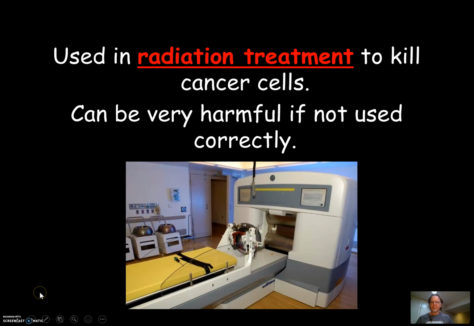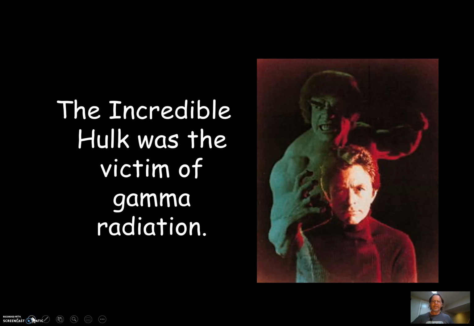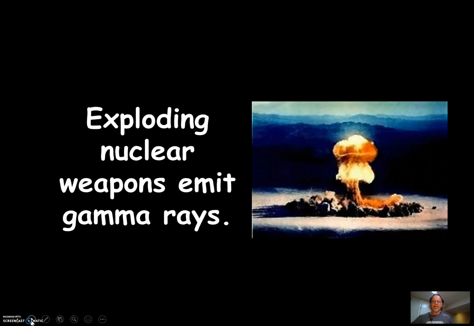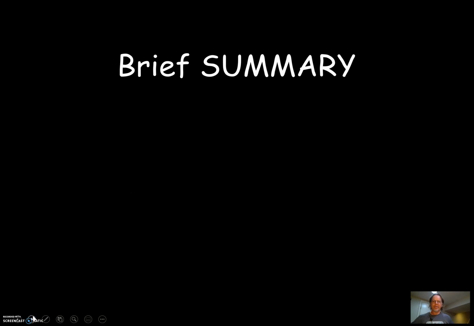Okay, so you can also use that to treat different kinds of things as well. But that's all, these are all topics for your AP2. What you really have to know is the difference between the radio and the gamma. And also with gamma radiation, you can make the Incredible Hulk, of course. Okay, so nuclear stuff is how you make the gamma radiation.